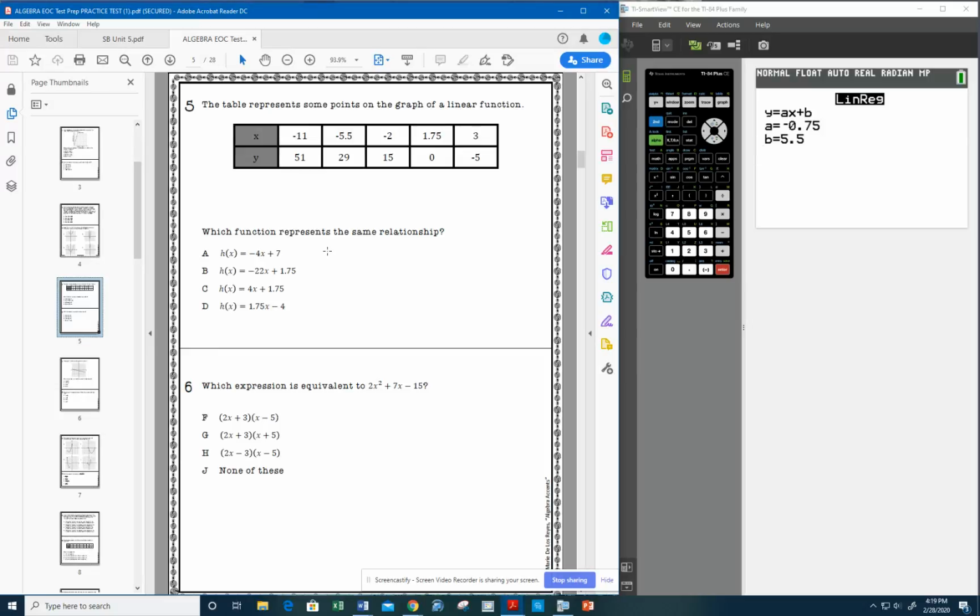You could put the table into your stat edit. You could put your x into L1 and your y into L2 and do your linear regression for this. And that would tell you which equation is correct.